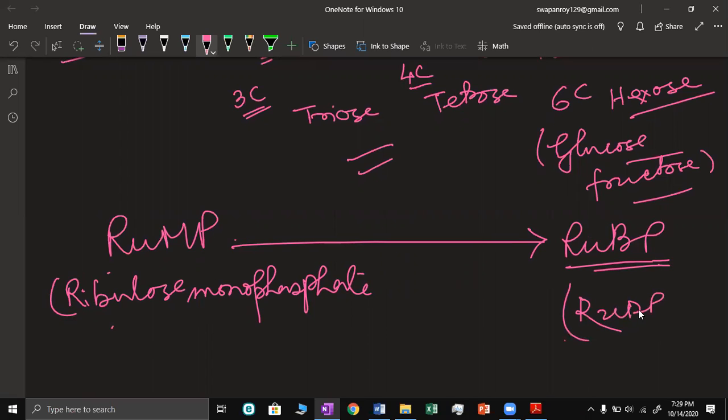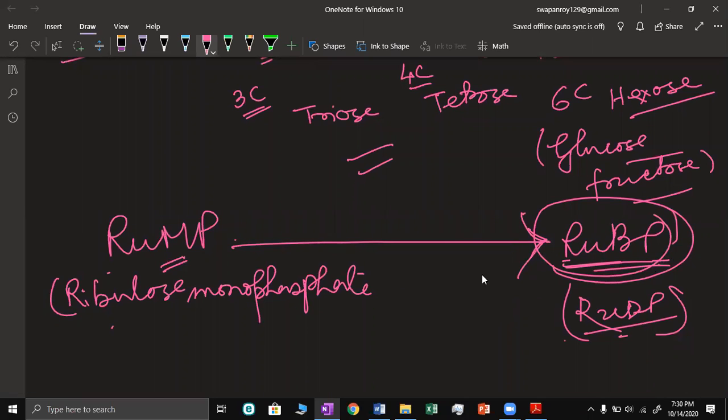RUDP, ribulose diphosphate. Okay. And during this process, here it is monophosphate, one phosphate group, but this compound has two phosphate groups. So one phosphate group will come from where? From somewhere one phosphate group has to be added, and this phosphate group is supplied by the ATP.